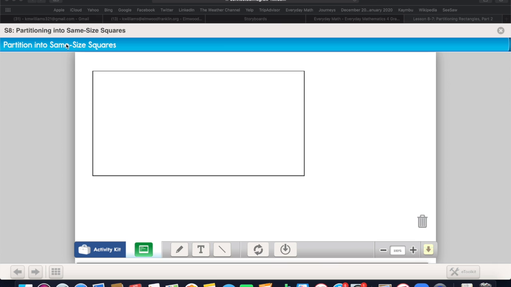I'm going to talk about what happens when you're asked to partition a rectangle into the same size squares without using a square pattern block or without using a sample size square to cover your shape.